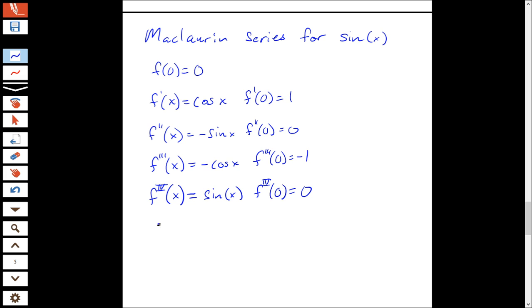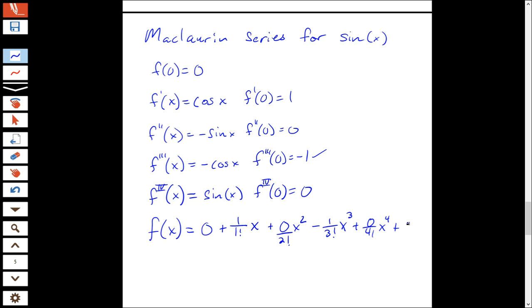And so it looks like the series for this is 0 plus 1 over 1 factorial x plus 0 x squared over 2 factorial minus 1 over 3 factorial x cubed. Next one would be, where do we go? That was the third. Now we're back at 0, so 0 over 4 factorial x to the fourth.